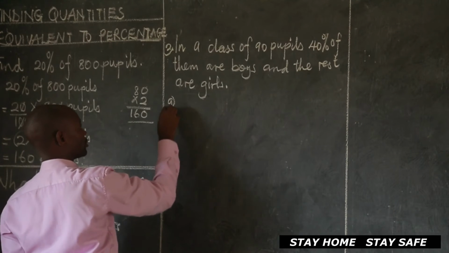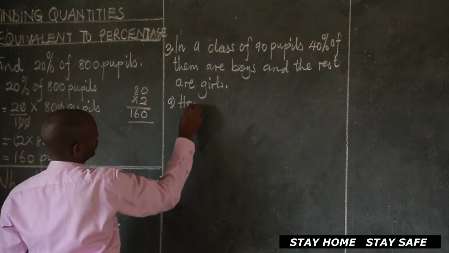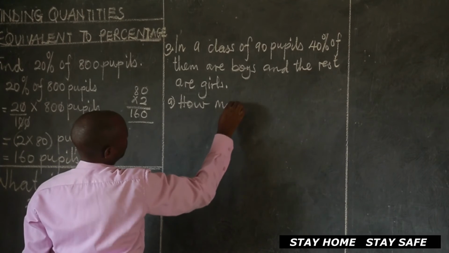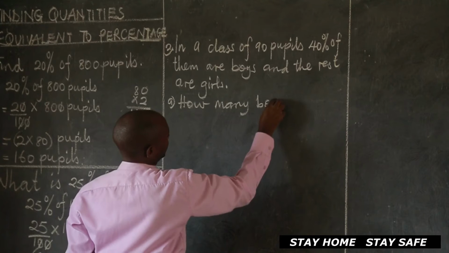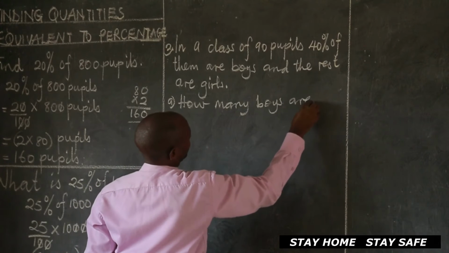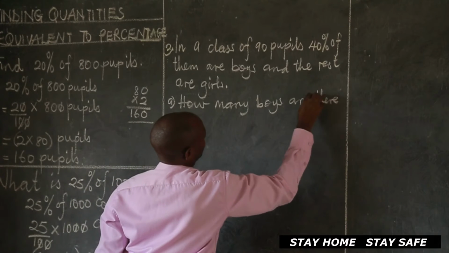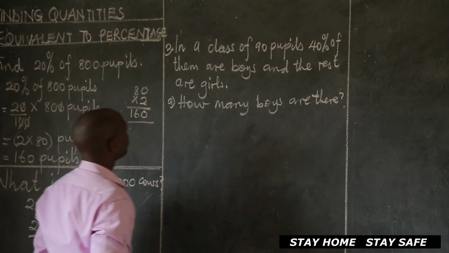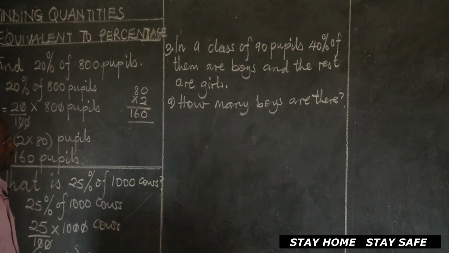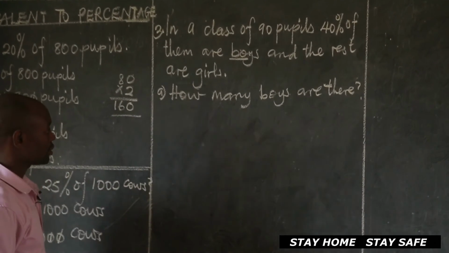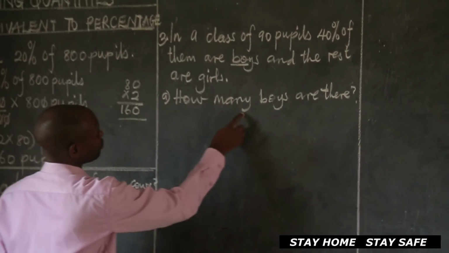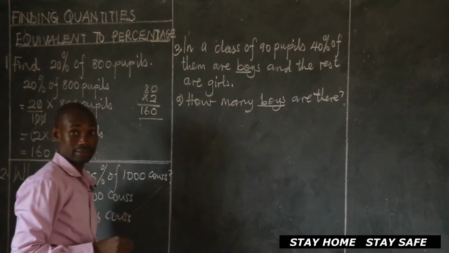So, question 1, how many boys are there? In a class of 90 pupils, 40% of them are boys and the rest are girls. So my question goes, how many boys are there?